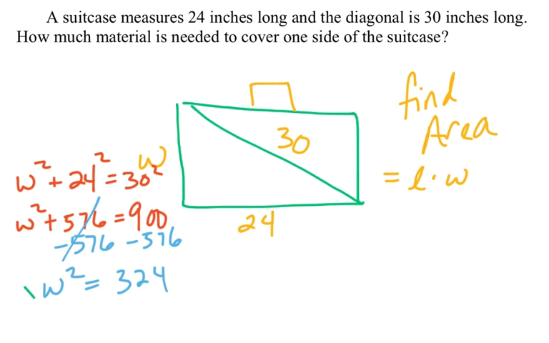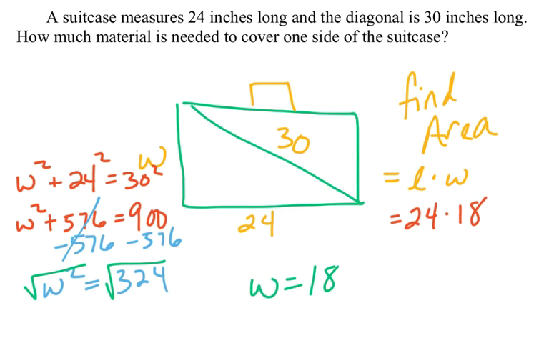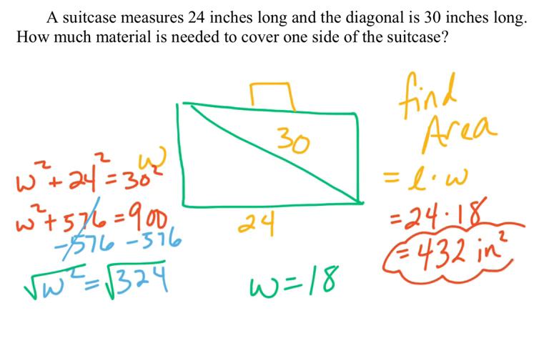And then you take the square root of 324. And the width is 18. So to actually solve this question, we have to take the length, which is 24, times the width that we discovered was 18. You multiply those, you get 432 inches squared for the amount of material needed for one side of that suitcase.